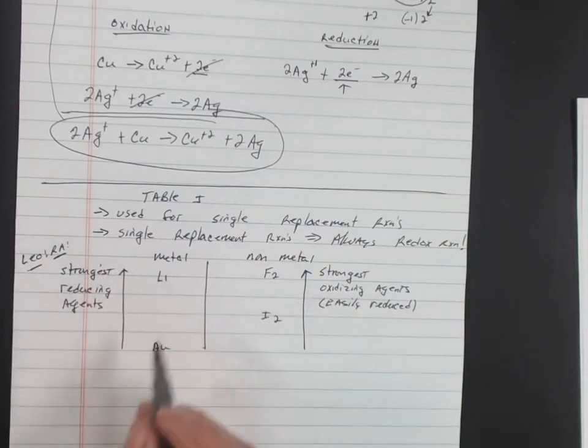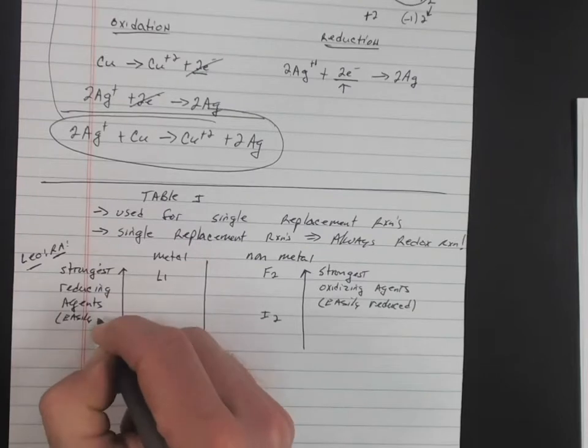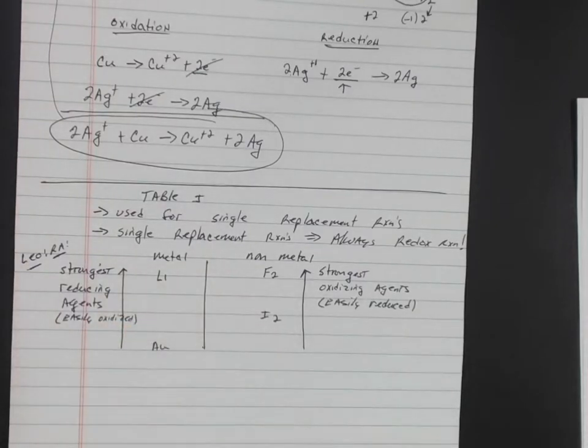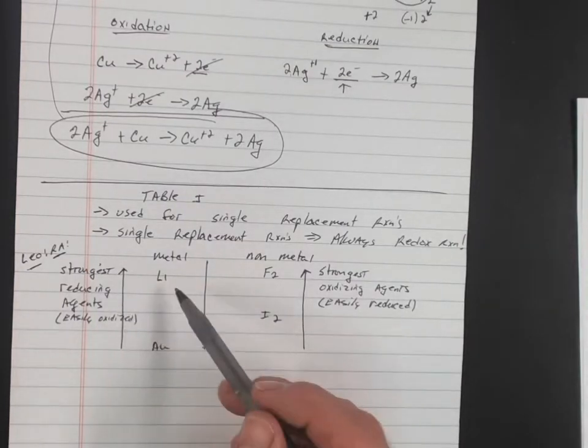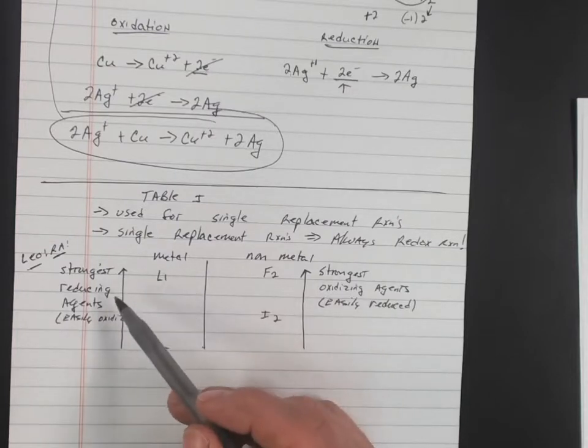Over here for the top of your metals, these guys are easily oxidized. So when we talk about the reactivity of a metal, the one that is toward the top is more reactive because it is a stronger reducing agent.